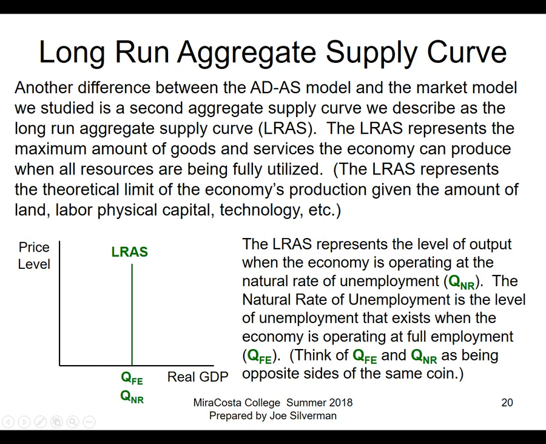So we're at full employment, and there's some amount of goods and services that the economy can produce when we're at full employment. You could think of that as being on at least one of our production possibility frontiers, and we'll bring in the production possibility frontier model later on, and I'll explain that later on, okay?